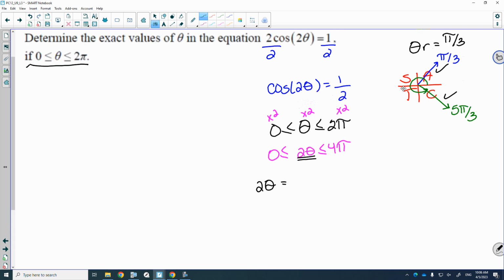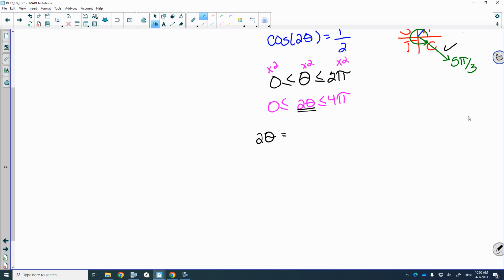So I know that once around the circle, I have solutions at pi over 3 and 5 pi over 3. So now I need to find what's coterminal to pi over 3 and to 5 pi over 3, because I need to go twice around the circle. So pi over 3 plus 2 pi is going to give me 1 pi plus 6 pi is 7 pi over 3.